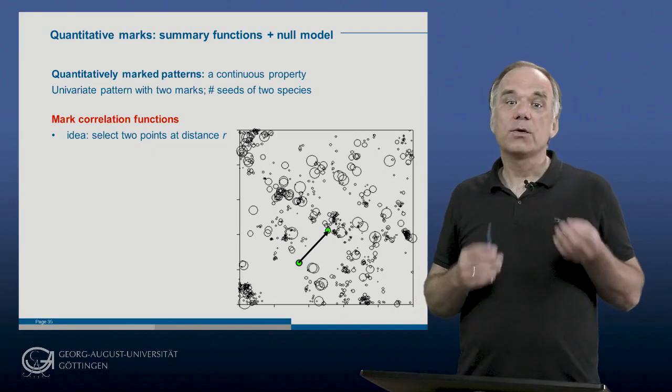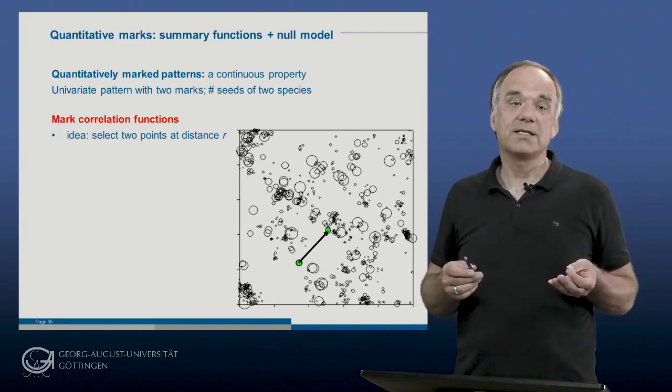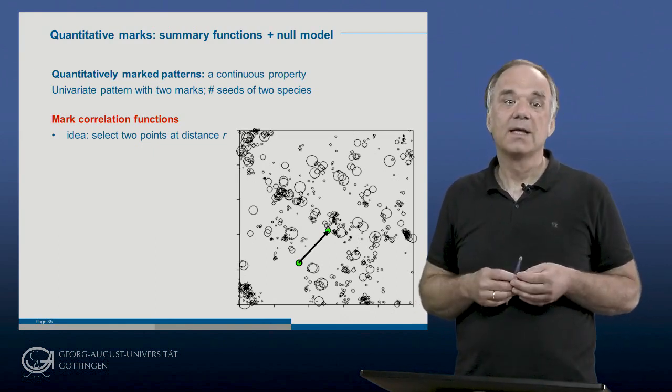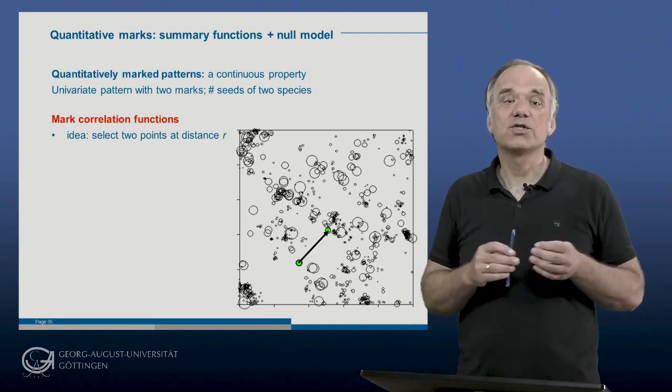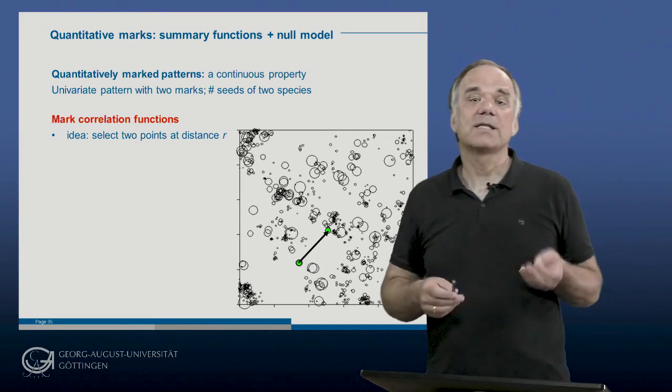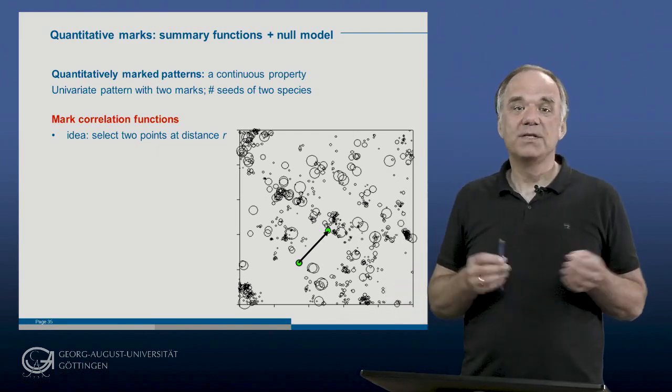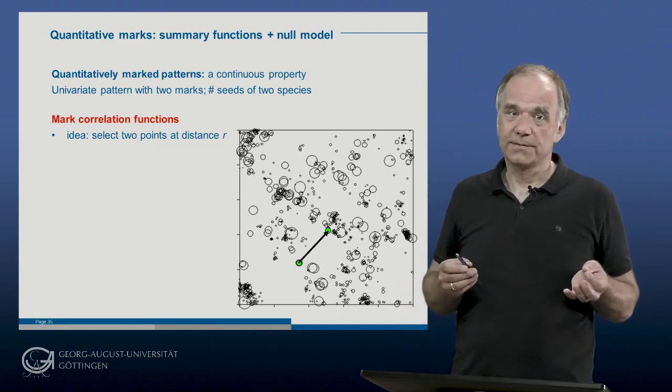Again, we look at point pairs that are separated by a given distance. And again, we estimate the value of a given test function of the two marks. For example, this test function could be the product of the two marks.